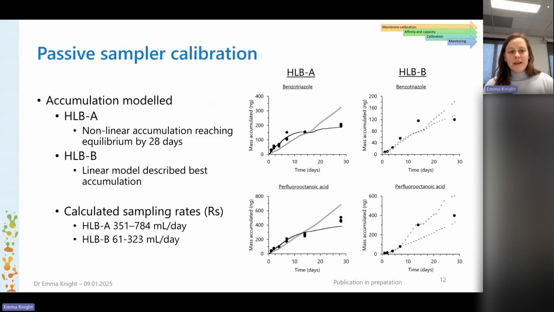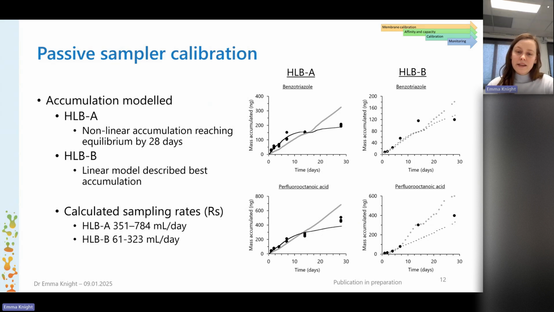So what we see here is the accumulation model, so the nanograms accumulated in the samplers over time. In HLB-A and HLB-B, we've got benzotriazole as an example and perfluorooctanoic acid, or PFOA, as an example. The black dots are the mass accumulated at different times in the passive samplers.